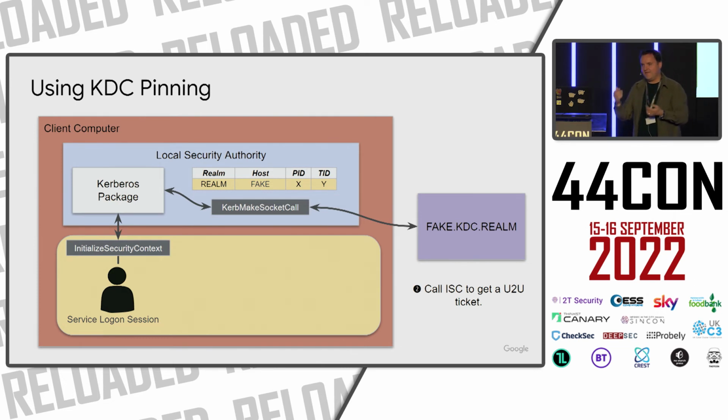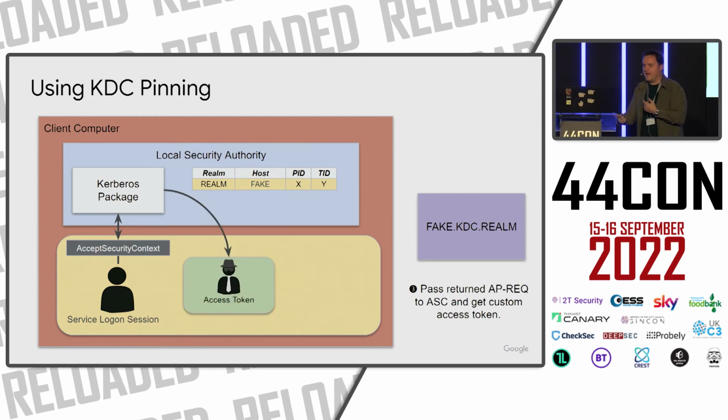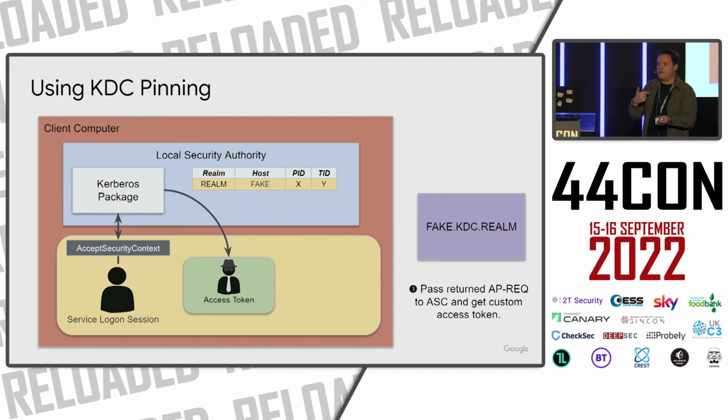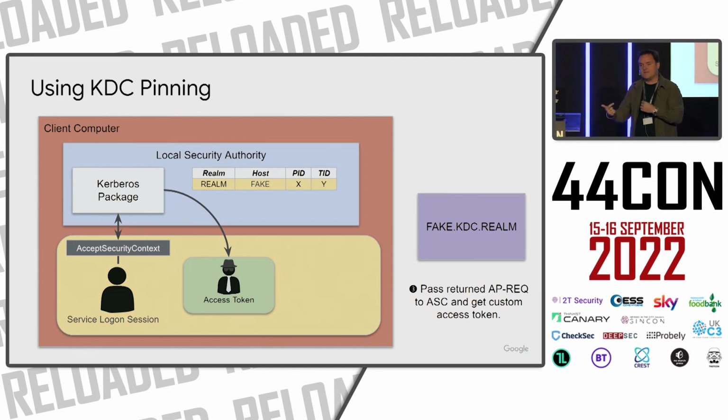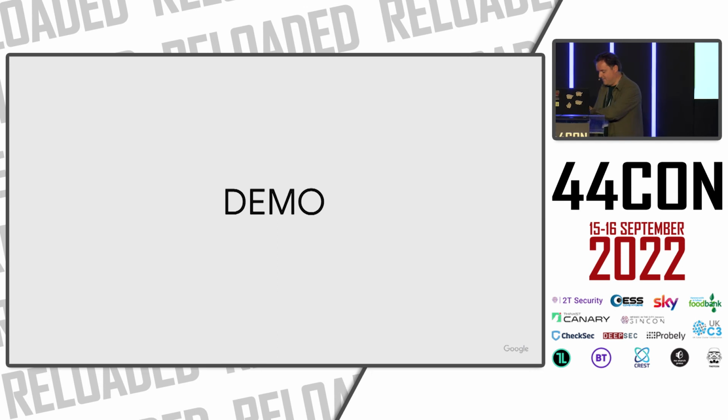We're just authenticating as a completely unrelated user. And because they don't do the signature checking on the privileged attribute certificates, we can get back an access token with virtually any groups we like. And again, even in local service account, we can then use that to get administrator privileges on the local machine.